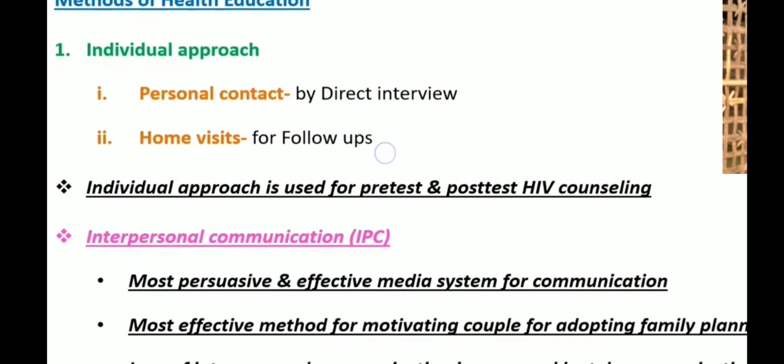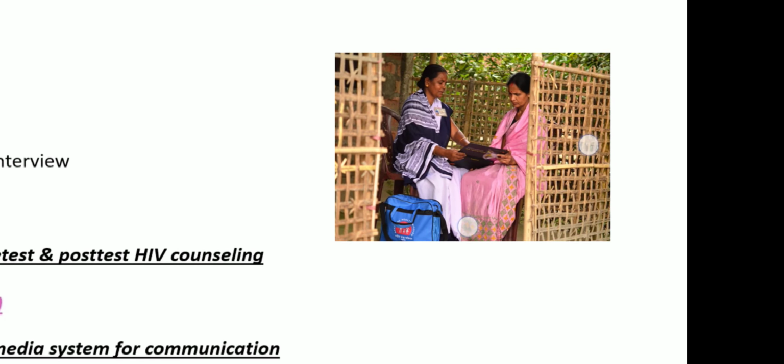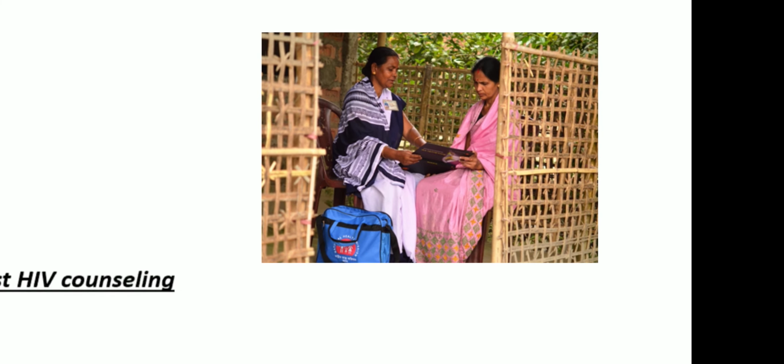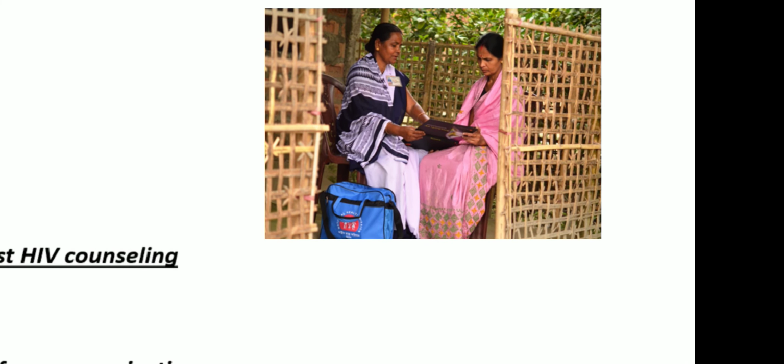The personal contact is done by a direct interview. You can see in the picture here, there is a personal interview happening between the ASHA worker and that individual. Examples of personal interviews or individual approach could be the consultation room, wherein the doctor has an interview with the patient, or the health centers or the homes of the people.